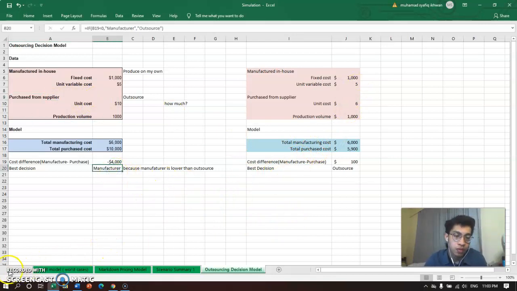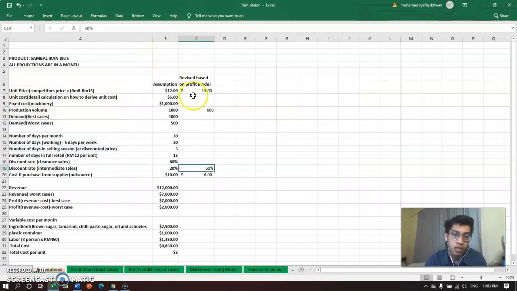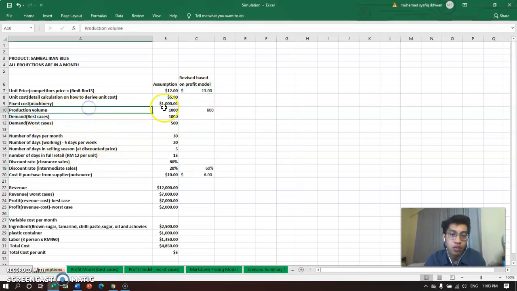So the conclusion for this assignment is I am revising only 3 of my early assumptions, which is the unit price. I'm changing it to 13 ringgit, and the production volume only for my worst cases, 600 units, but still I'm maintaining my 1000 units for my best cases.